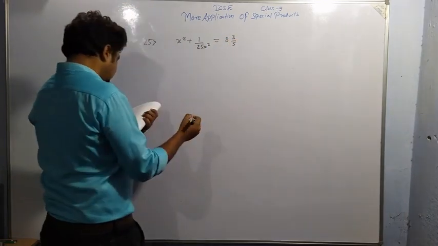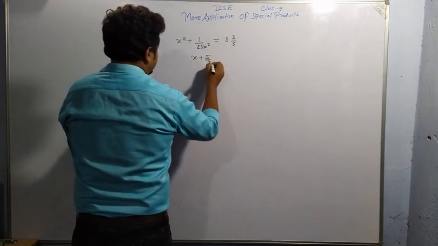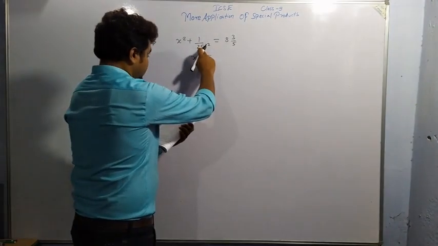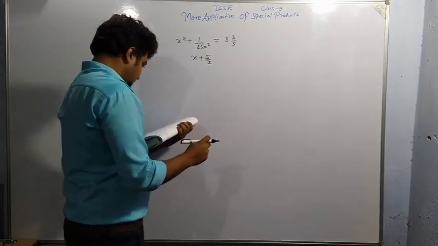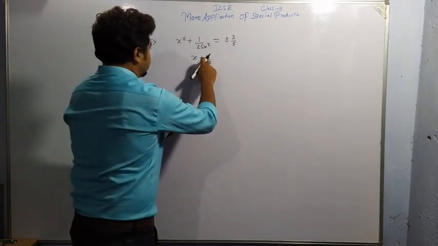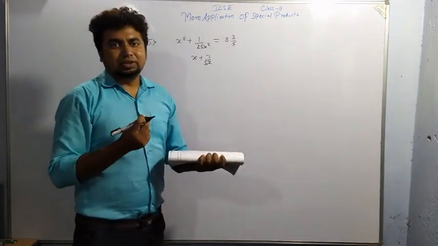Now we have to find the value of x plus 1 by 5x. Actually it is given x plus 1 by 5x. So we have to find this value.